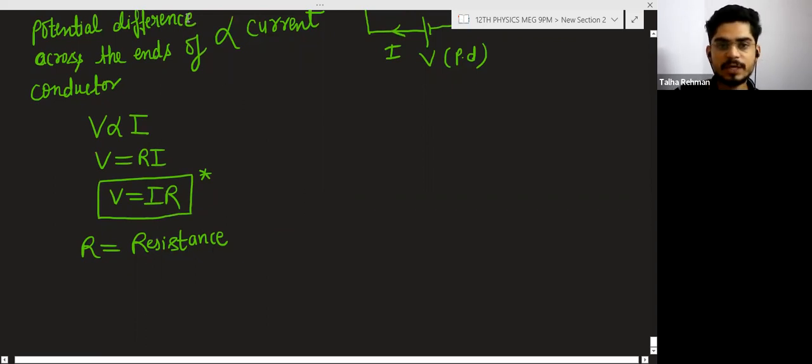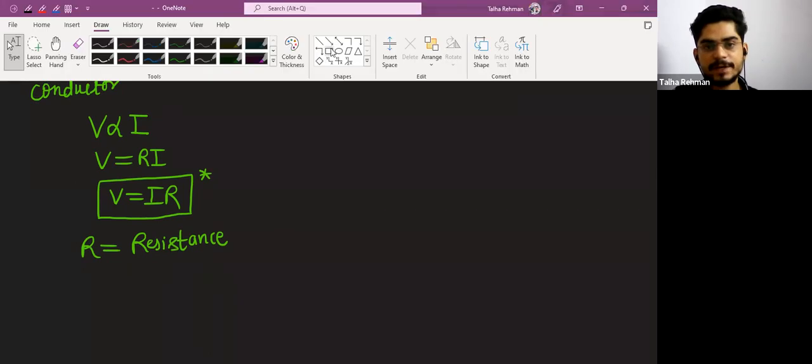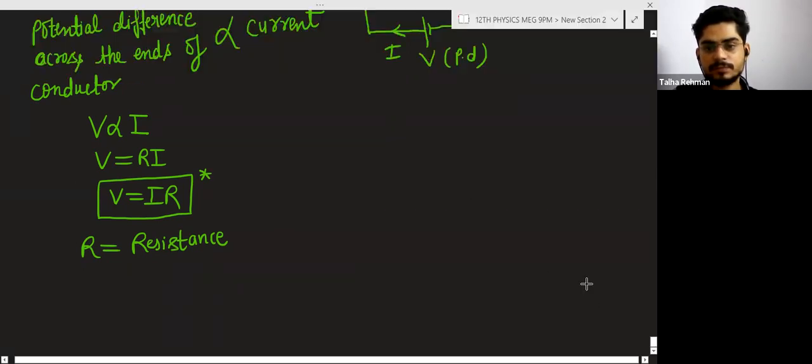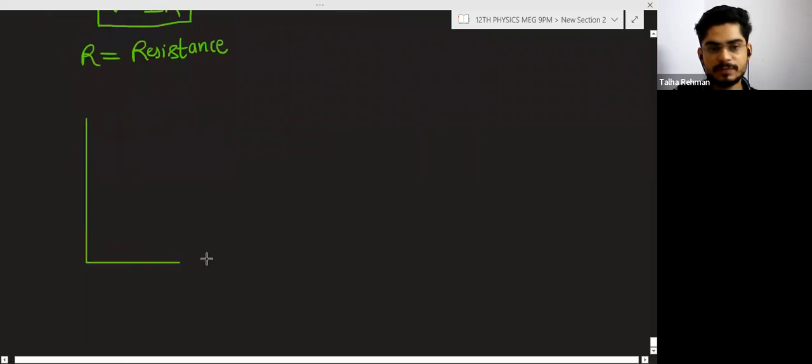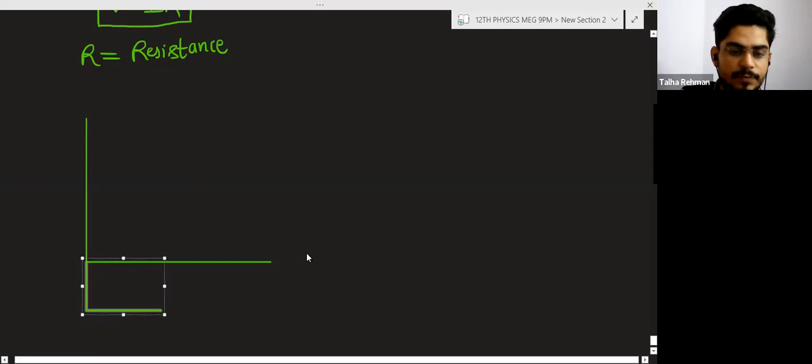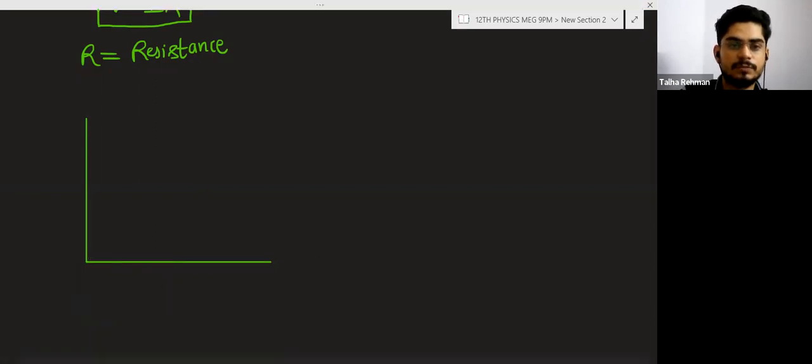If I plot the graph of potential versus current, this graph will be a straight line passing through the origin.